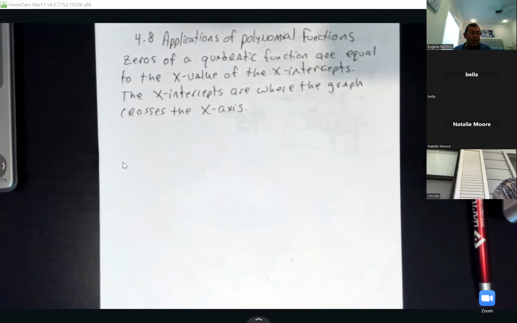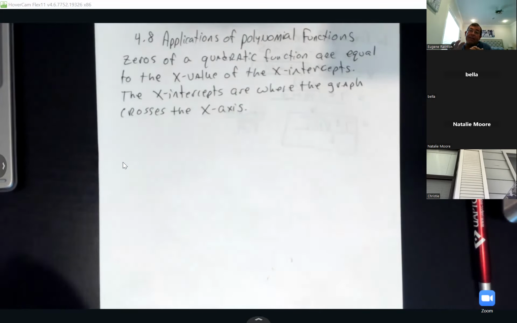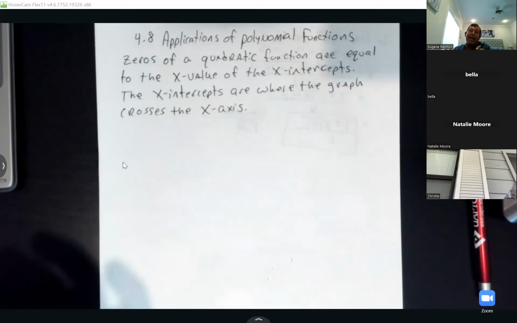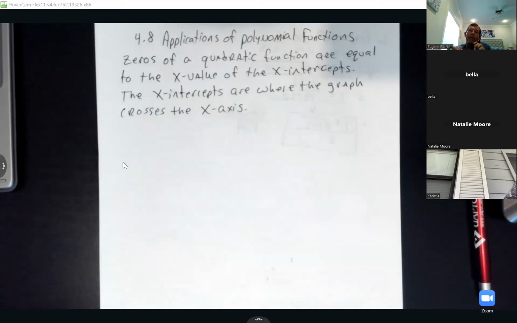So this is another way to find solutions to a quadratic equation. If you were to graph it, you could look at the graph and see where that graph is crossing the x-axis at. If you can find that, that'll be the point that is the solutions to your quadratic equation, okay?